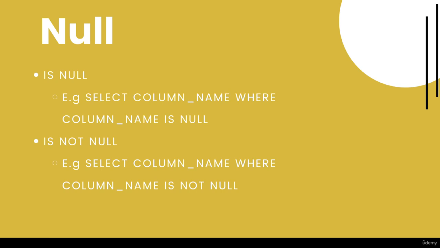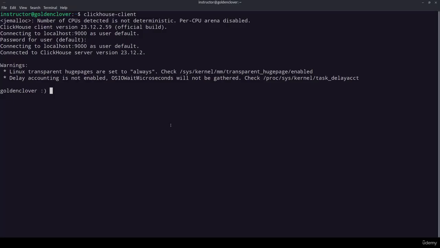Finally, let us look at the operators that can be used to check whether a value is null or not. We have isNull and isNotNull operators to deal with null values. Let us look at an example.